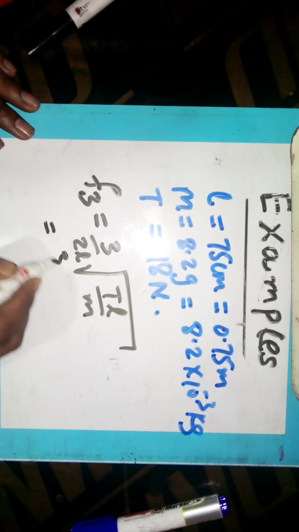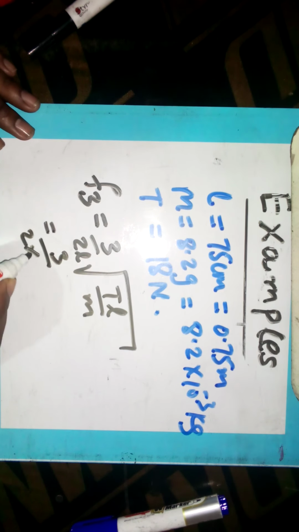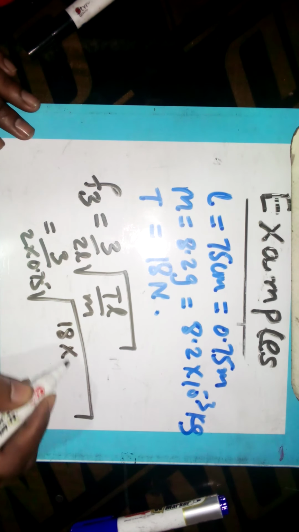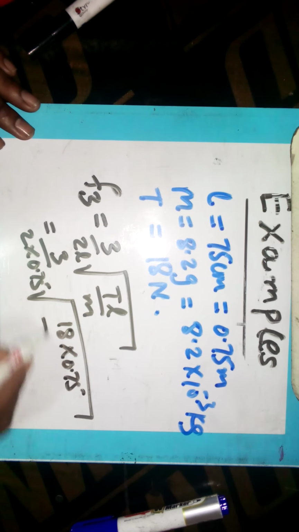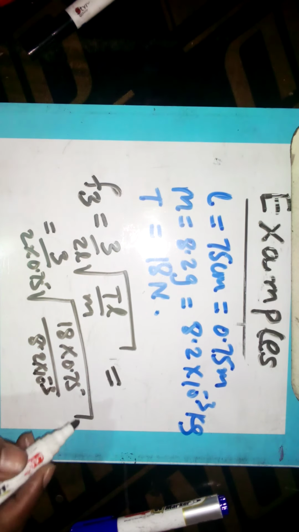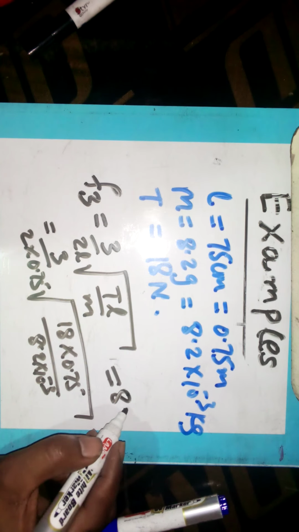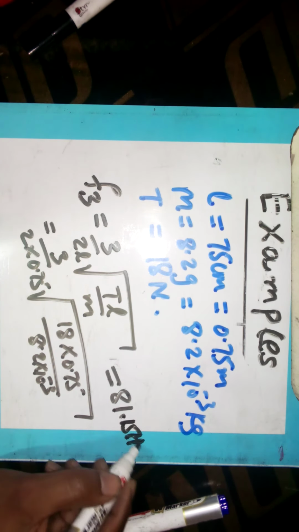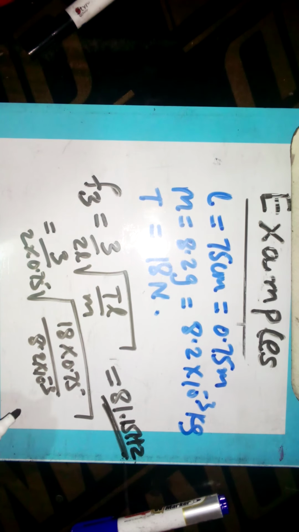This is 3 over 2 times 0.75, under the root of tension 18, L 0.75, over M, 8.2 times 10 power negative 3. If your calculator is good enough, you get that the third harmonic is 81.15 Hz. This is the third harmonic frequency.